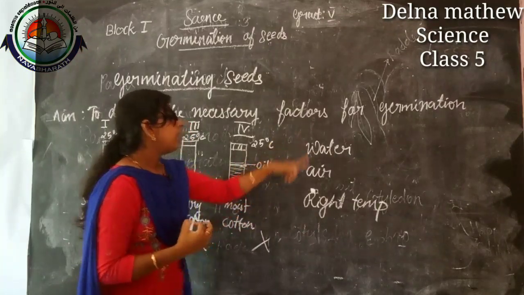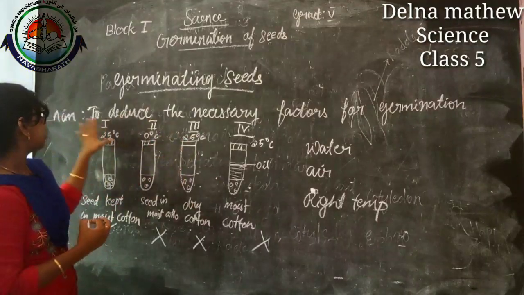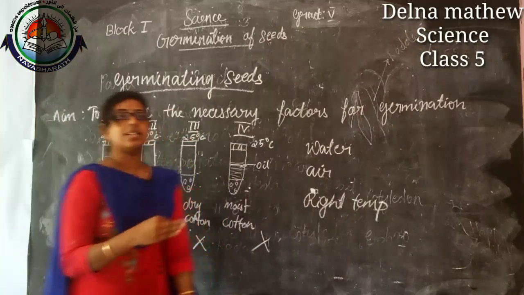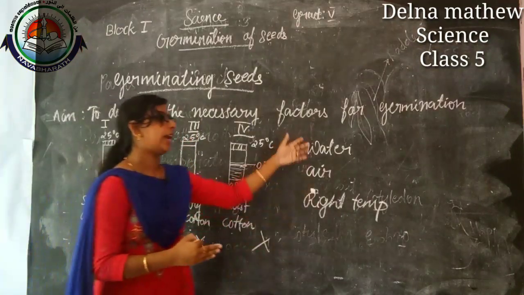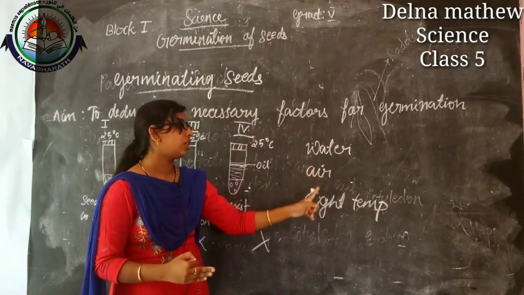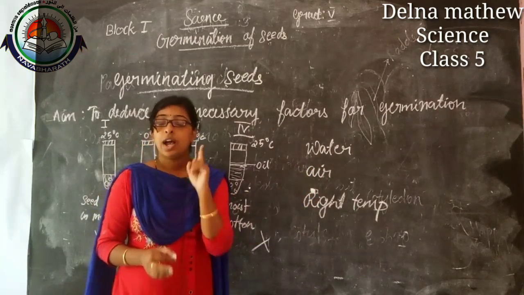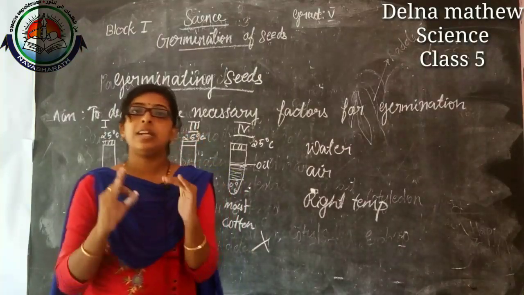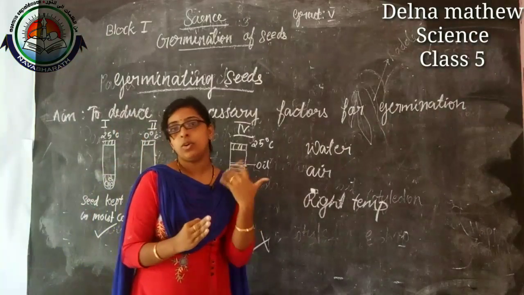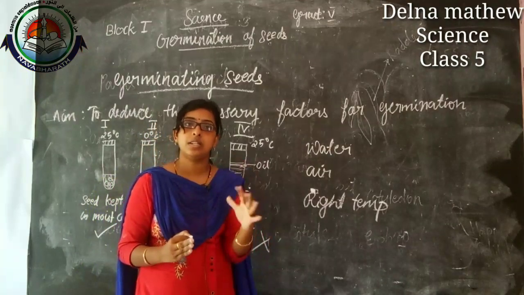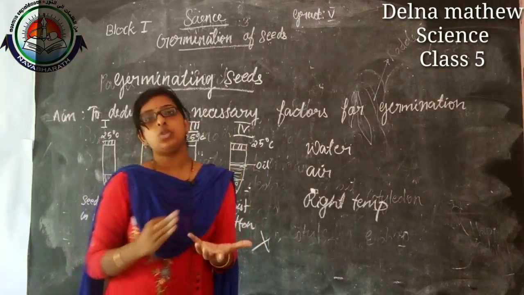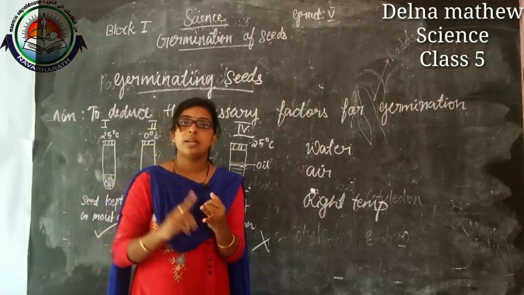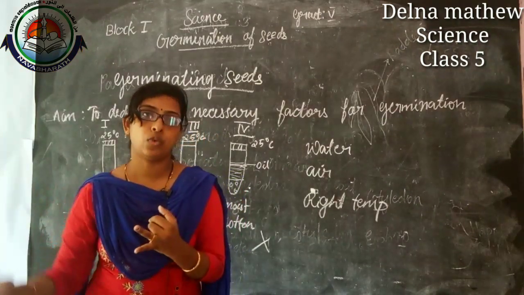So that's all about this section, to deduce the necessary factors for germination, and we learned that there are three essential factors for germination: water, air and right temperature. And one more thing you have to keep in mind: some seeds require light also for germination, and some seeds don't need light for germination.